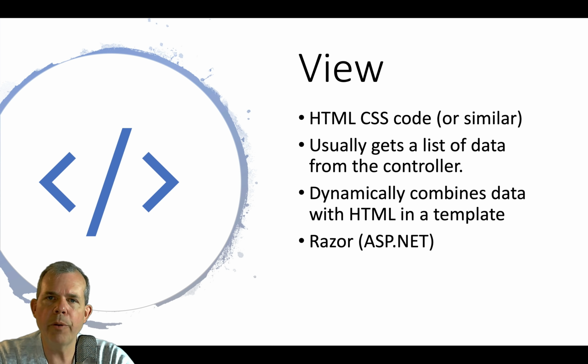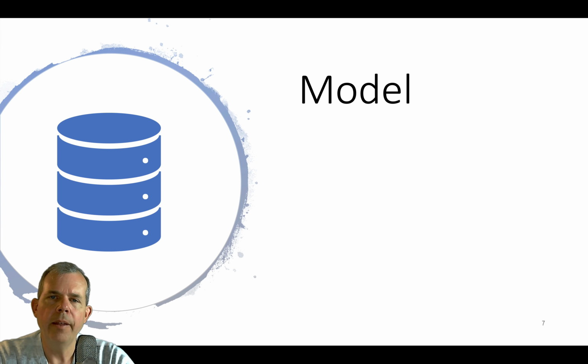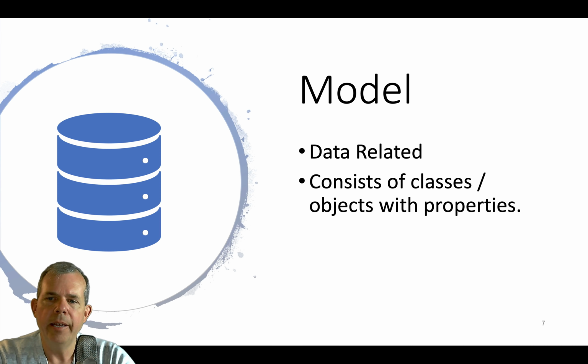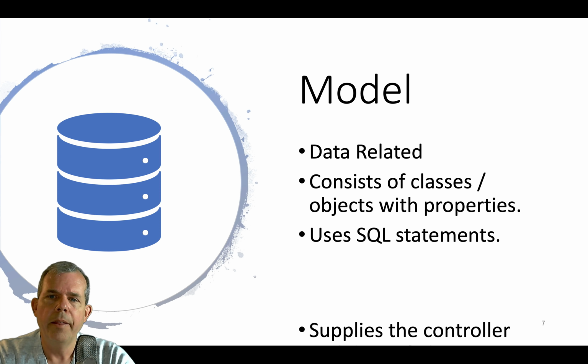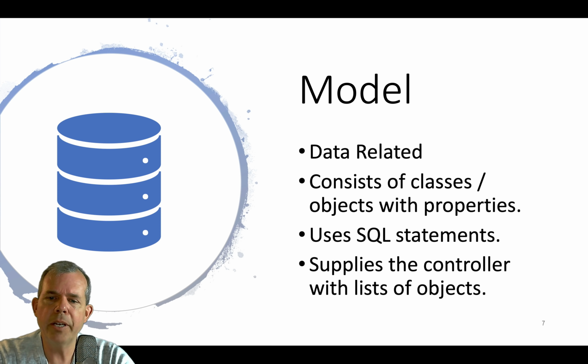That language we're going to call Razor. The other part of the page is going to be a model, and we're going to be creating a model for our joke. A model is always data related. It consists of classes or objects with properties. The model will usually be supplied by the controller and sent to the view as a list of objects. Let's see what that looks like in code.